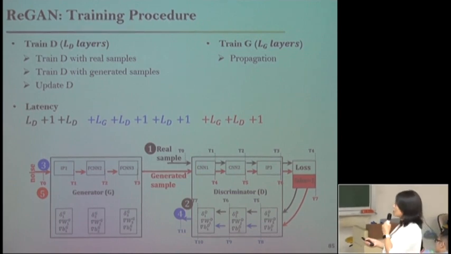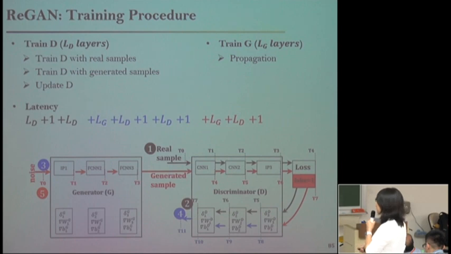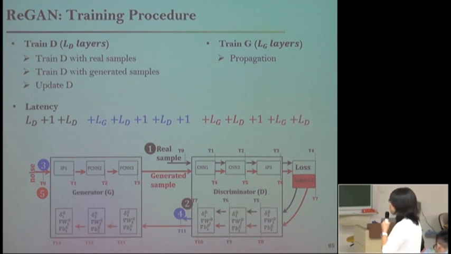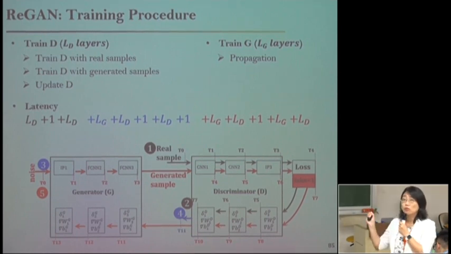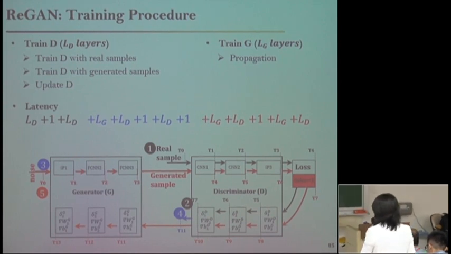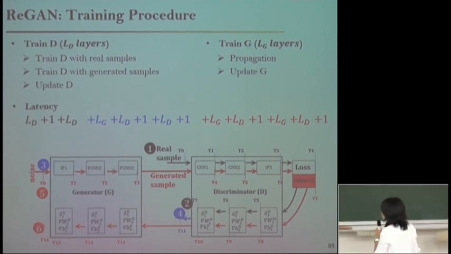And here the goal is to fool the system, so that the generated samples can pass the test over here. So the cost function here is different. We have to redo this, then go back and update the weight. So we have the entire latency. As you can see, completing one round of training of the GAN system is pretty costly in terms of hardware design and also latencies.